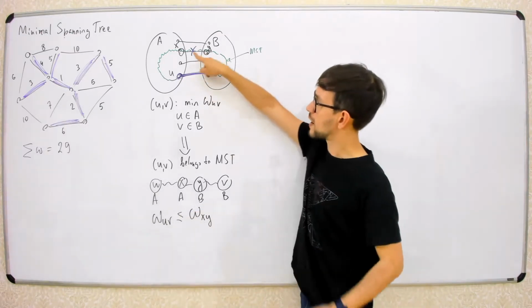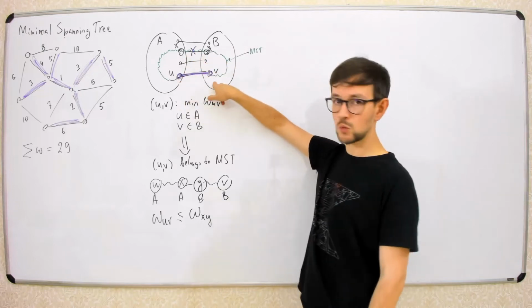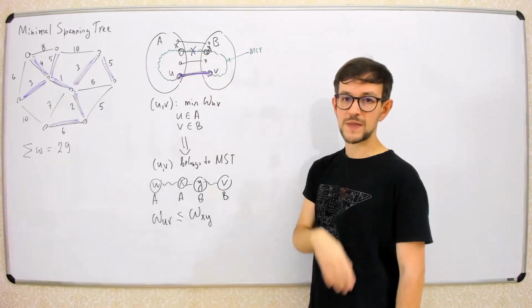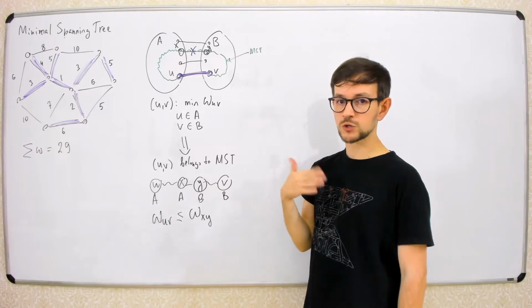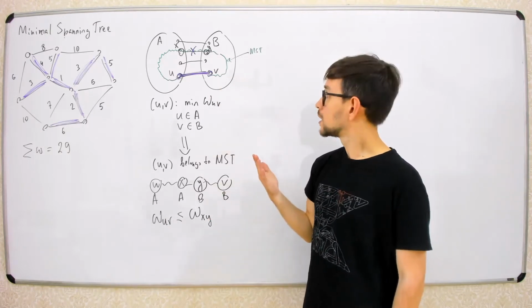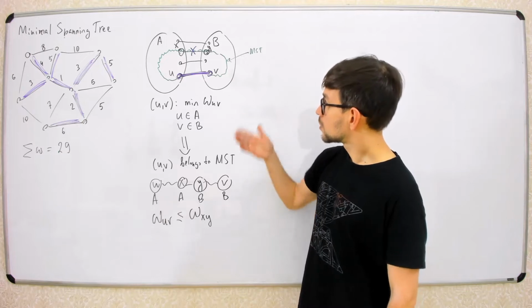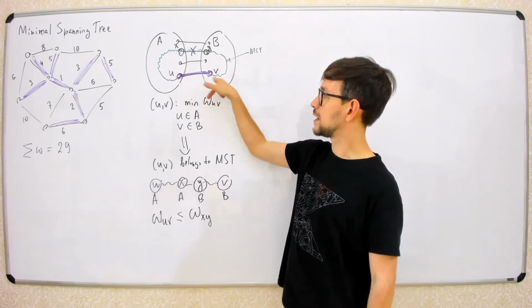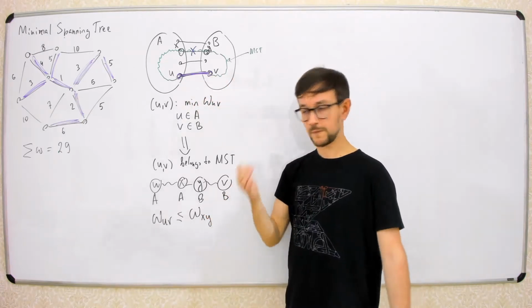So if we remove edge xy and add edge uv, we will have another spanning tree whose cost is not greater than the cost of that tree. So now we have a minimal spanning tree which contains the edge uv. That's the whole proof.